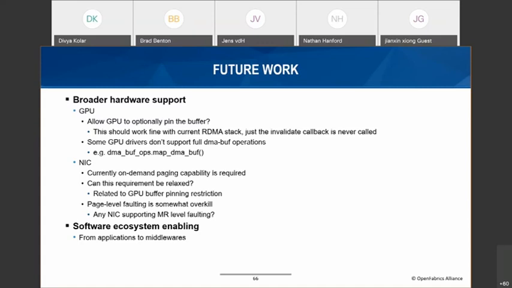We don't really need the page-level faulting mechanism. But we don't know if any NIC has this kind of reduced level of paging support, or if there is actually any benefit to implementing it this way.